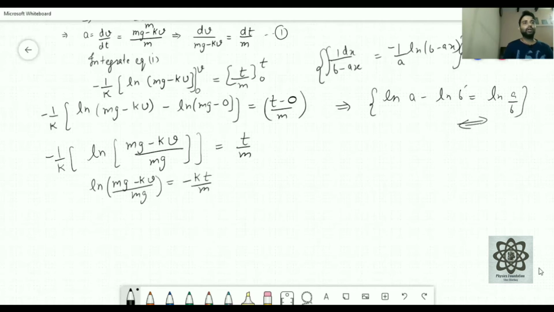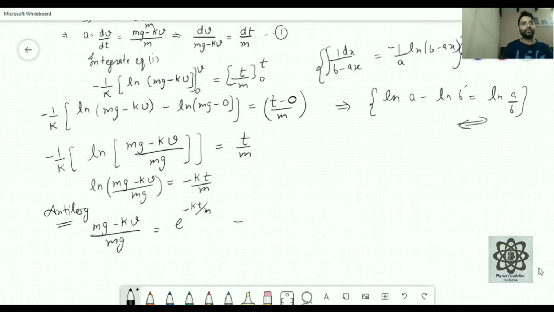We can take antilog. So now we'll take antilog. So it will come out to be mg minus kv divided by mg is equal to e to the power minus kt by m, right?